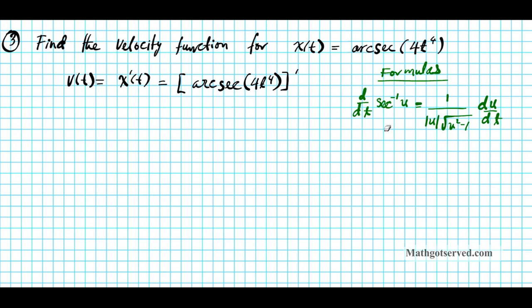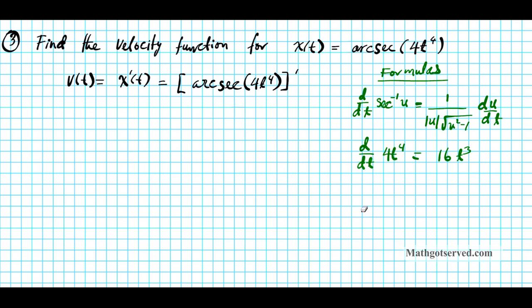All right, and then for the innermost function, d dt of 4t to the fourth, we just use the power rule, and it's going to be 16t to the third power. You don't need the chain rule for the innermost one. So that's basically what we're going to have. If I multiply this by that and substitute the value of u, that will be the derivative.